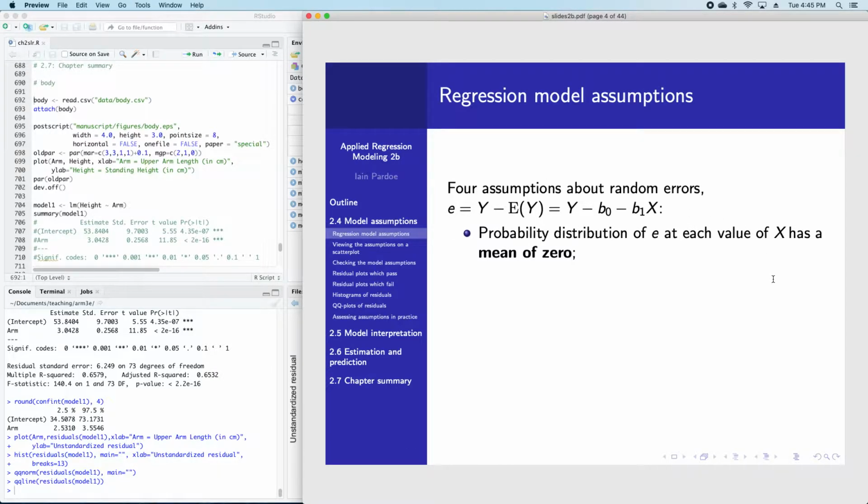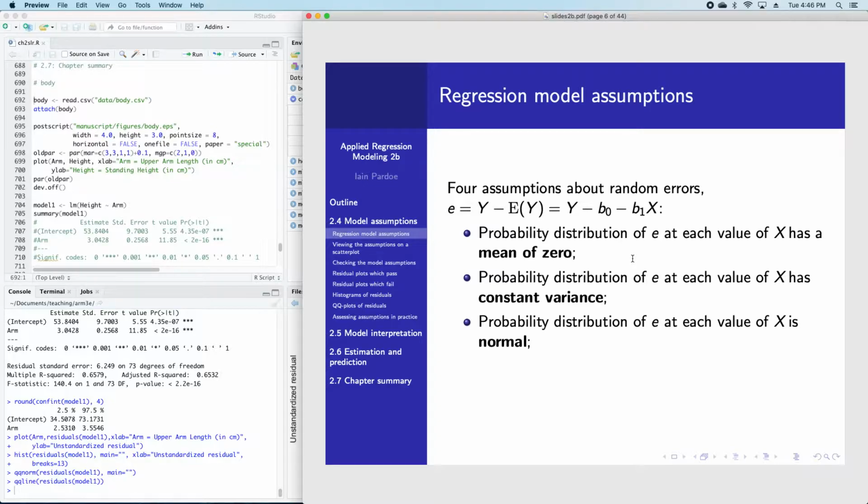So there are four assumptions, and these relate to the probability distribution of the errors at each value of x. The first of which is that the probability distribution has a mean of 0. Sometimes this is described as a linearity assumption. Next one is that the probability distribution of the random errors at each value of x has constant variance.